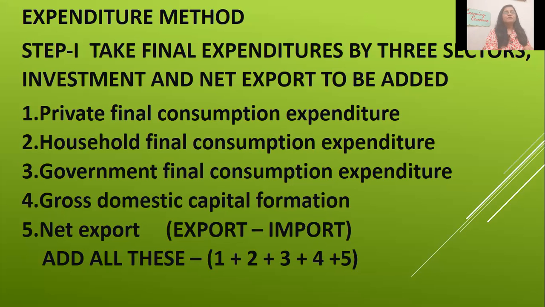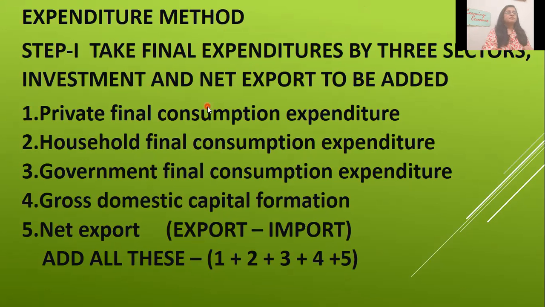So here we have to understand what kind of expenditures we are making. We make expenditure for production purpose, we make expenditure for consumption purpose, and we make expenditure not for consumption, not for production, but for providing services to people.